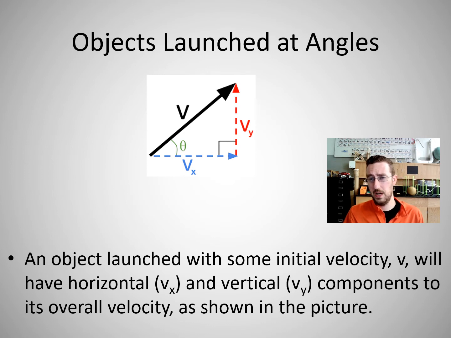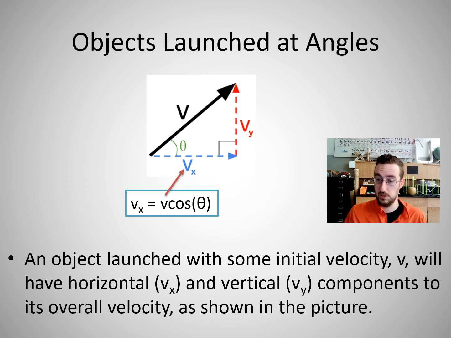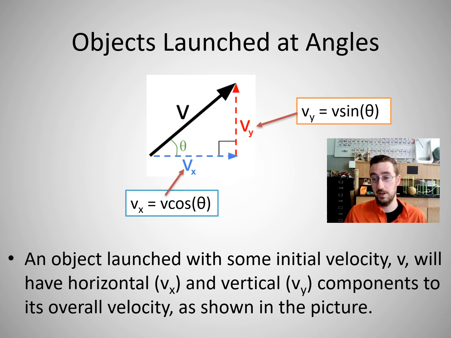So objects can also be launched at angles instead of just straight up or straight horizontally. So an object that has some velocity v at some angle theta above the ground actually needs to be broken into two components called the horizontal component and the vertical component of that velocity.